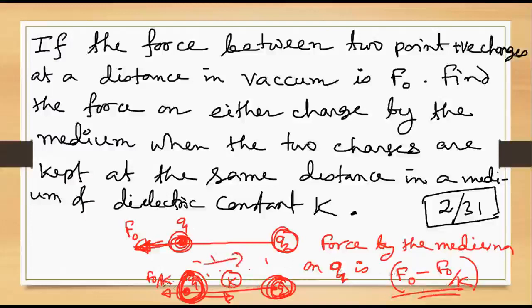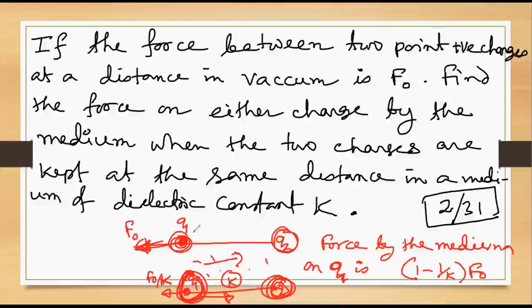Then only the resultant will become F0 by K. So this is the force F0 minus F0 by K, or you can simply write 1 minus 1 by K into F0. It is the force given by the medium on Q1.